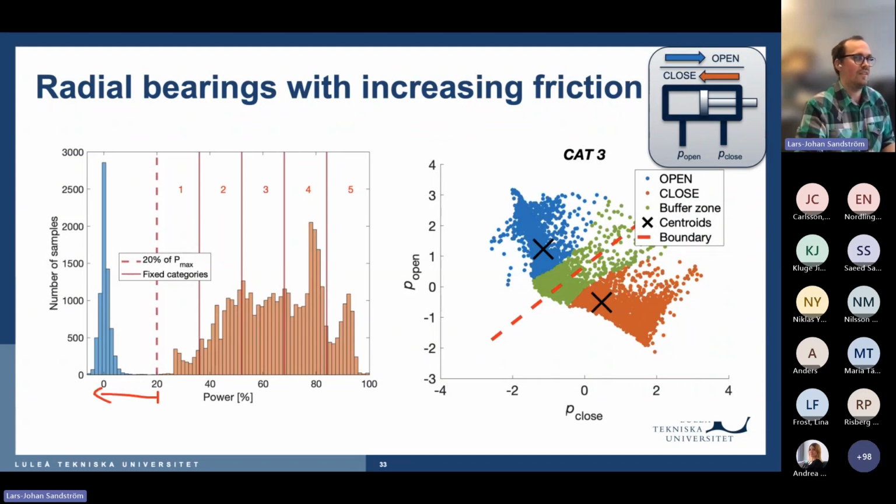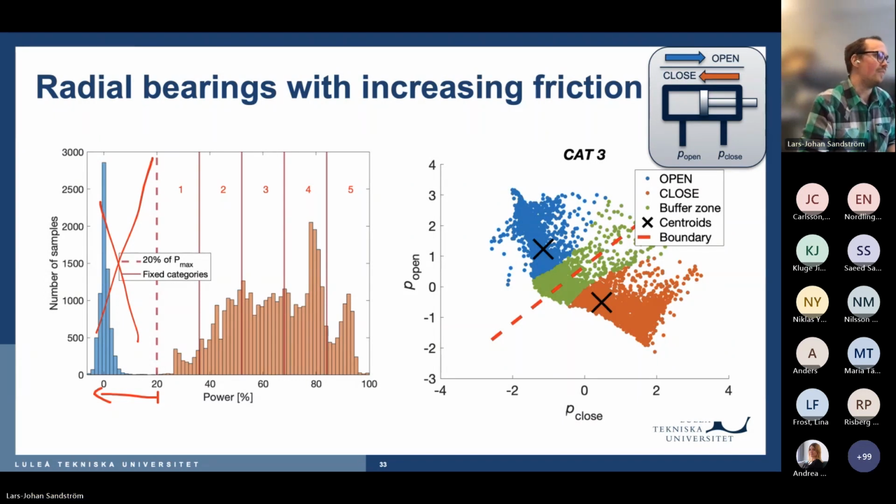So this data we don't analyze. We take this away from the analysis because it's hard to analyze, since the turbine can stand still, and we have these starts and stops. And the rest of the data, here we divide it into 5 power categories. And then we analyze each of these power categories individually.